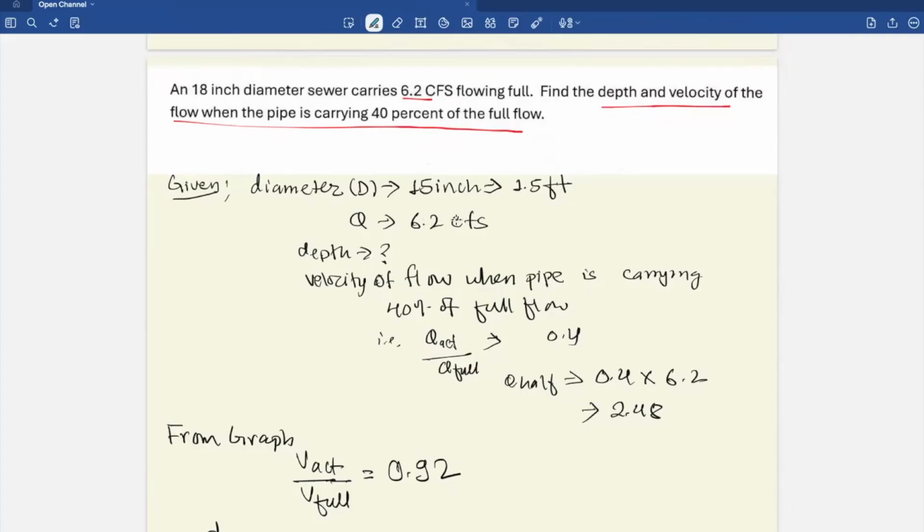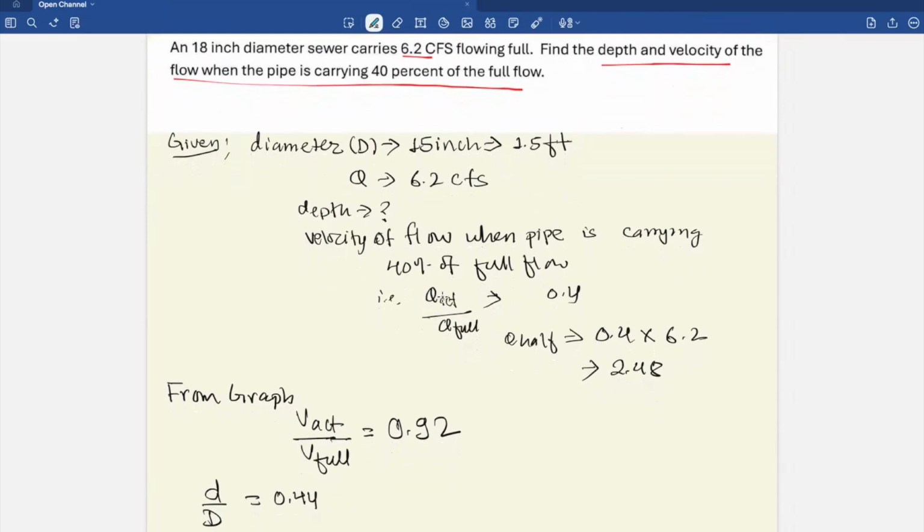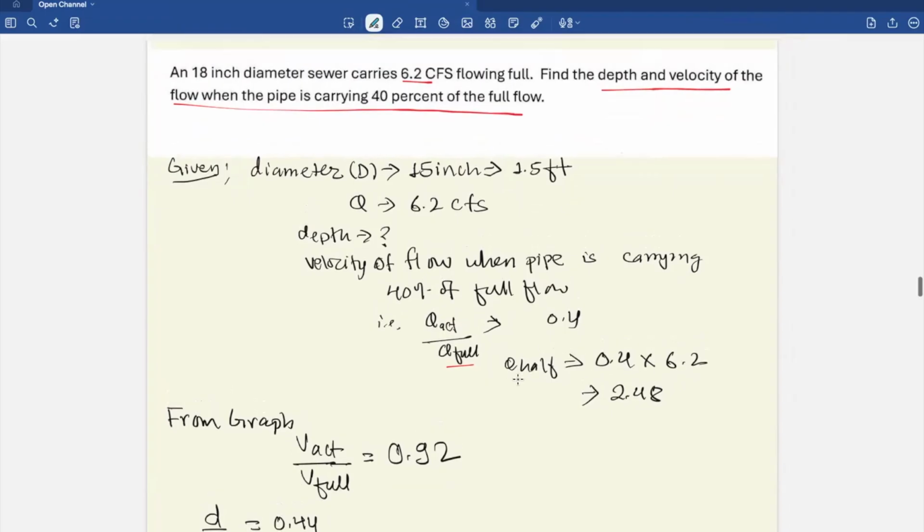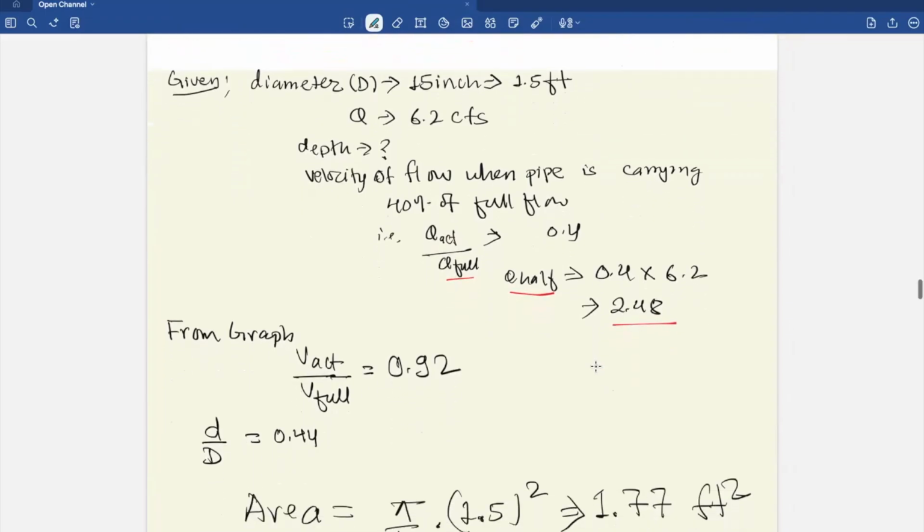So the diameter is given, Q full is given. We need to find depth, and we need to also find velocity. Since we don't know the actual flow, when we solve this ratio, we get Q actual is equal to 2.48. And from the graph, this V actual by V full will be 0.92.